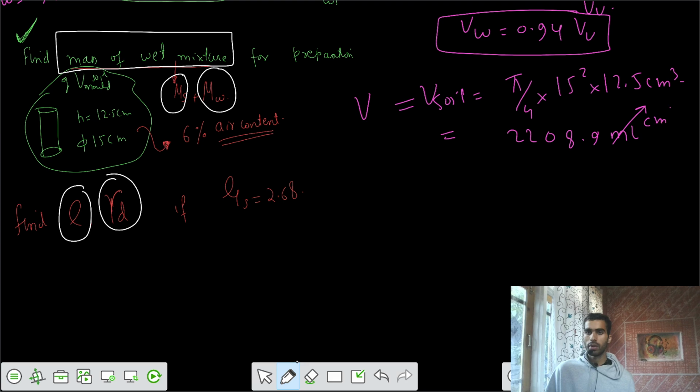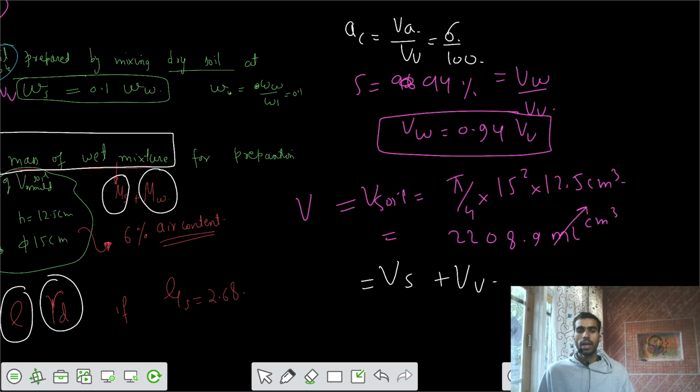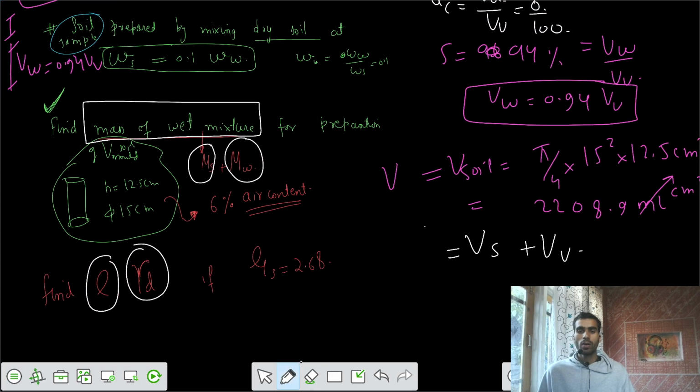So the volume of the soil comes to 2208.9 centimeter cube. This volume is because of the volume of solids plus the volume of voids. Now I need to solve for the mass of solids and the mass of the water.